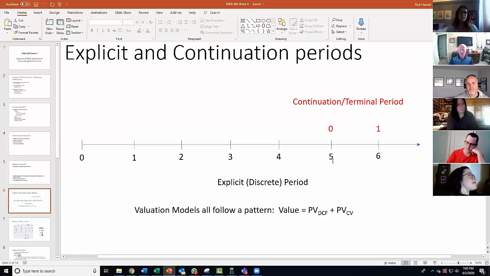And I know that I'm going to start this the year after my explicit period. So I'm going to say the year after my 5-year explicit period, which you might think of in discrete time as year 6. The year after that, I'm starting over again at year 1. So at the end of 5, I kind of start to count.